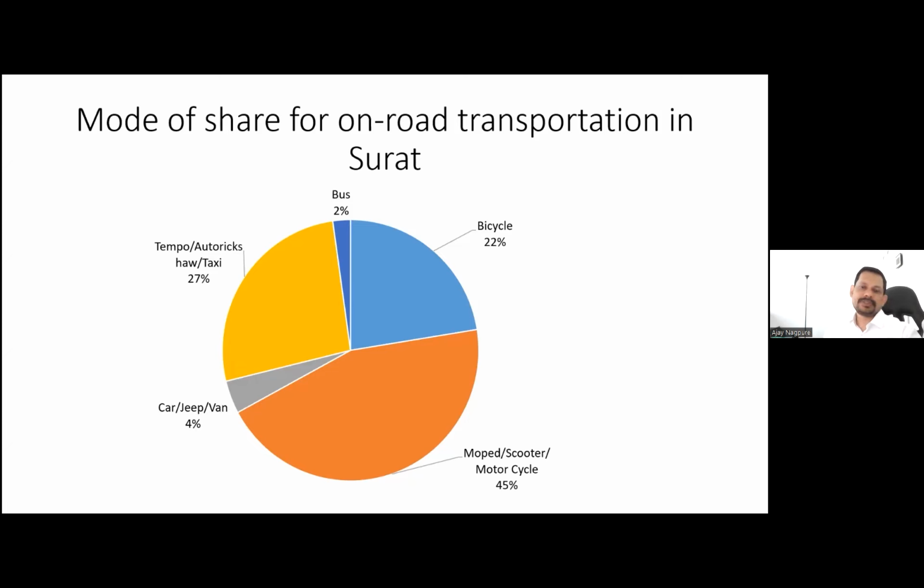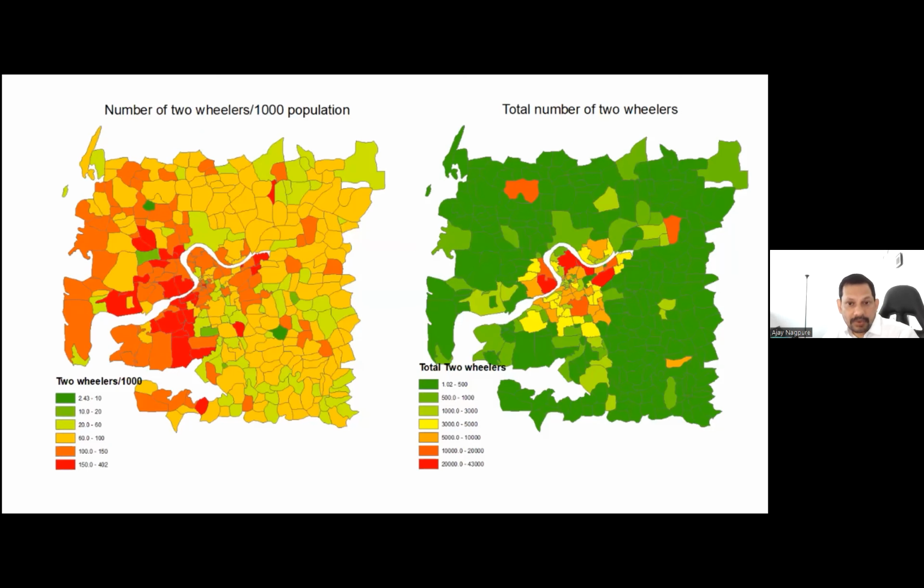There is a lot of government level information available, I believe, and I found this in the majority of countries all over the world. When I was doing the emission inventory for the household and transportation sector, we were able to map this level of information: the number of two-wheelers per 1,000 population at the ward and village level. Total number of two-wheelers, like in this city, you can see the higher concentration within a city.